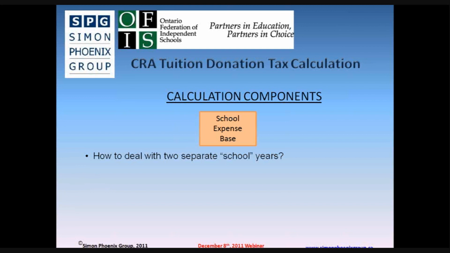It's important to have that set up properly. It's important to have your expenses allocated to the proper fiscal year. It's important to have your expenses allocated as best as possible between religious and secular. And again, this goes back to each individual school.